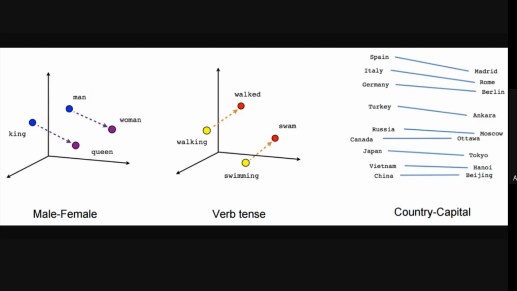We want swimming and walking to be distinct things, but walking and walk to be similar, right? There has to be some sort of semantic representation or understanding within the embeddings themselves, which allows us to understand the difference between them while also representing them in a smaller space, something that a model can understand.